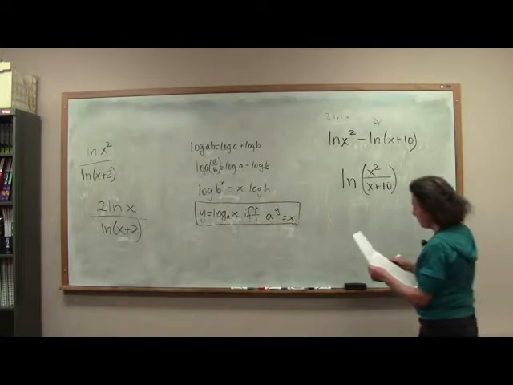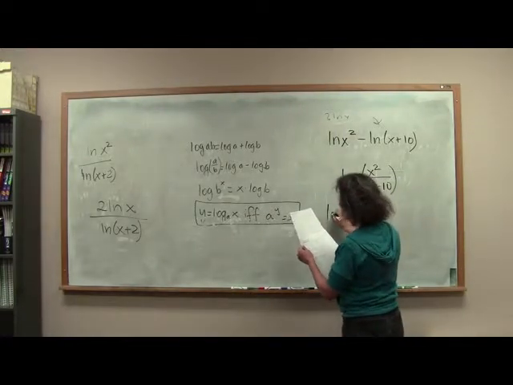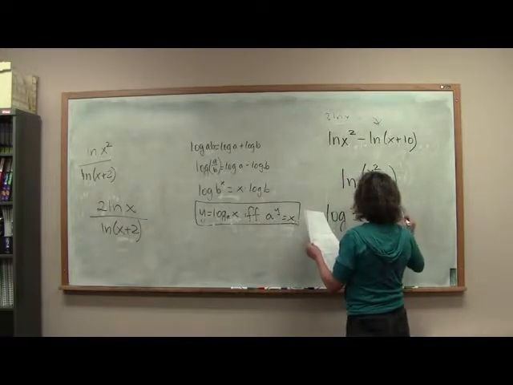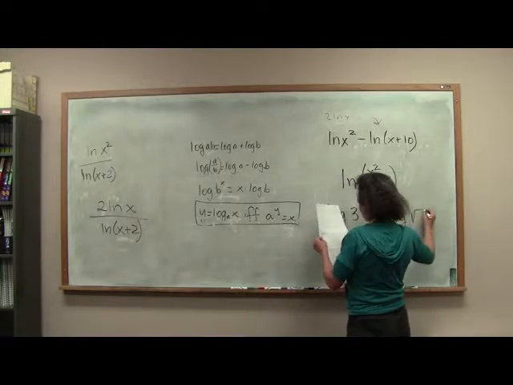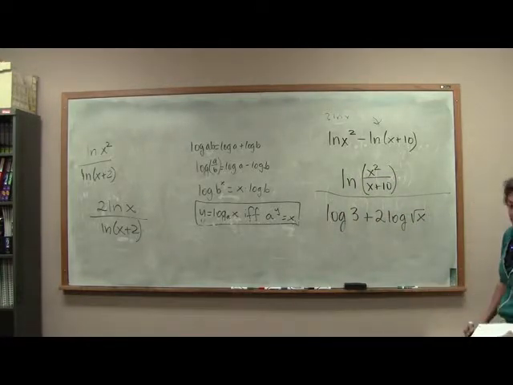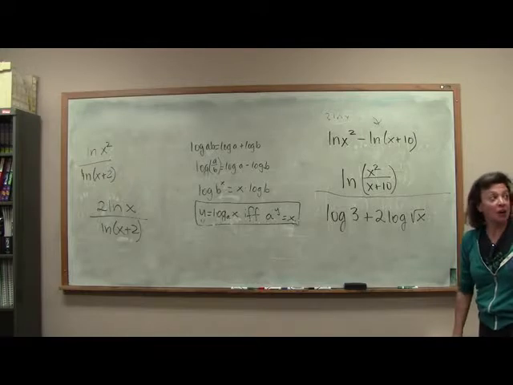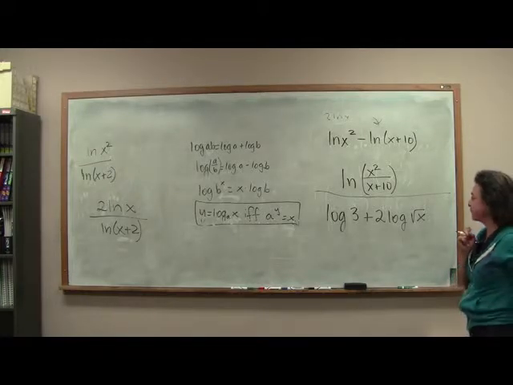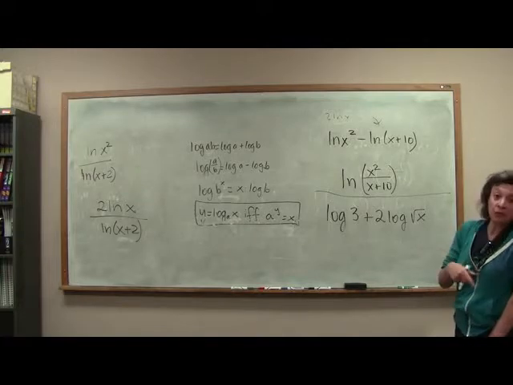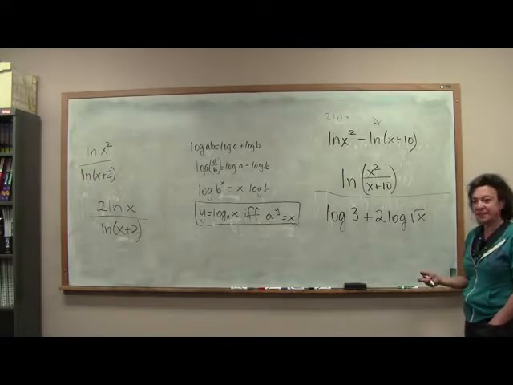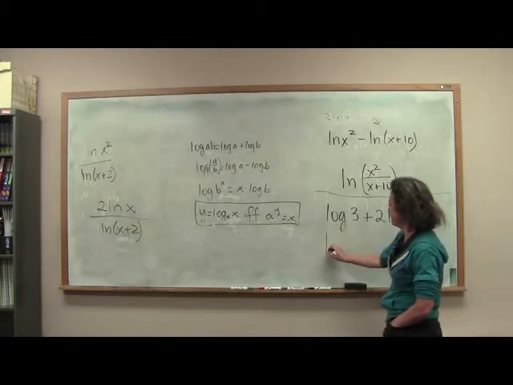All right, what if I have this? Log of 3 plus 2 log square root of x. Again, our goal is to just write the word log one time. Now, you can do this all at once, or you can do it step by step. For our purposes at this point, I'm going to do it step by step.